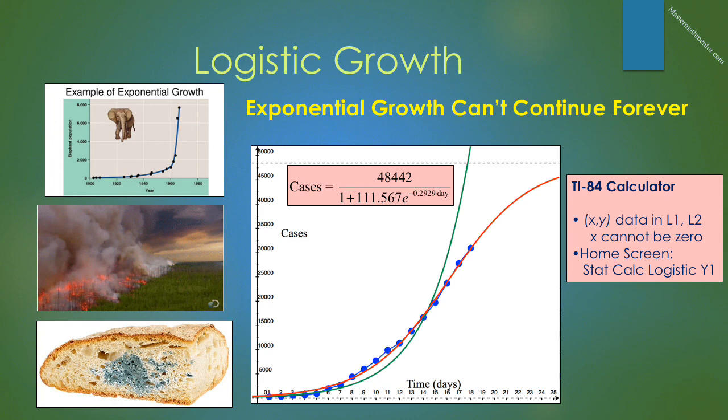And it would show that it would level off at 48,442 cases. That prediction turned out to be inaccurate. As of now, there are approximately 84,000 cases of COVID in mainland China. That is based upon the most up-to-date information available.